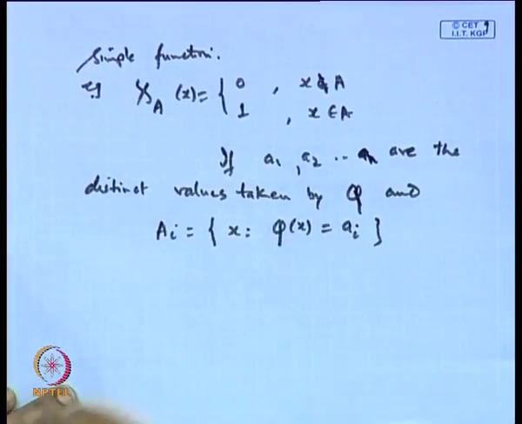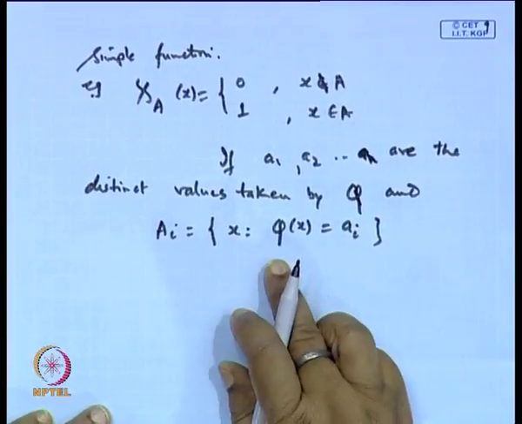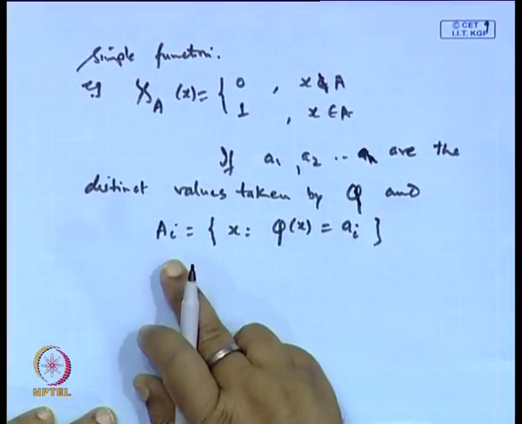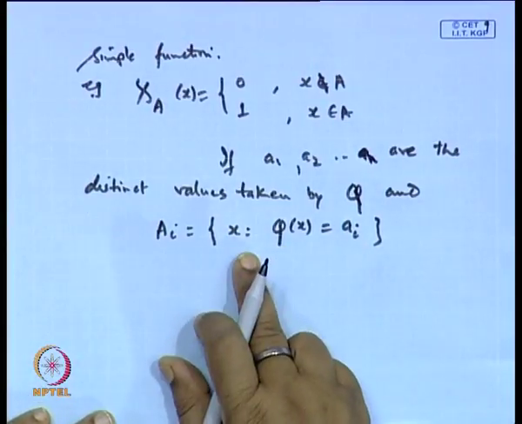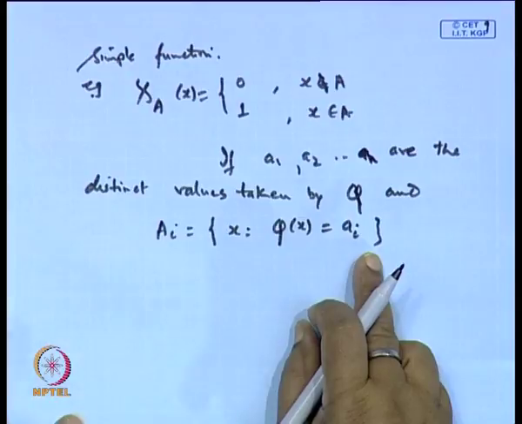That is, we are separating out the points where phi x attains the value a i. So, A 1 is the set of those points where phi attains the value a 1, A 2 is the set of those points where phi attains the value a 2, and like this.